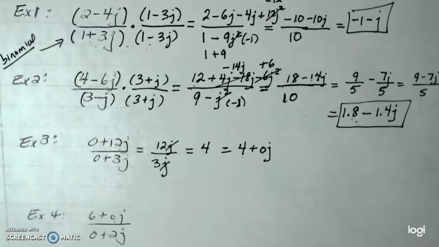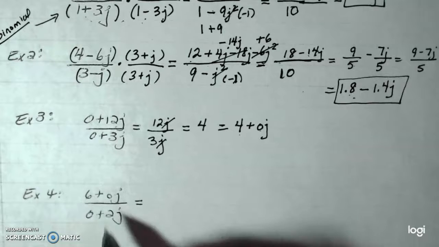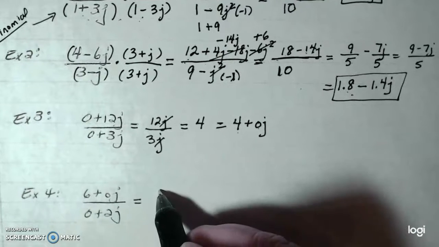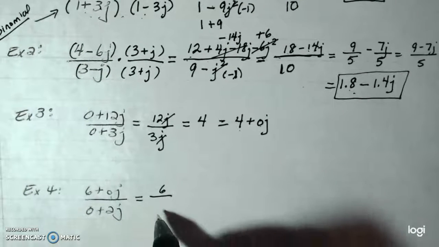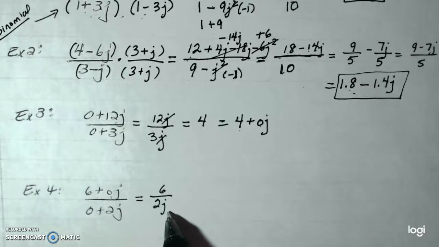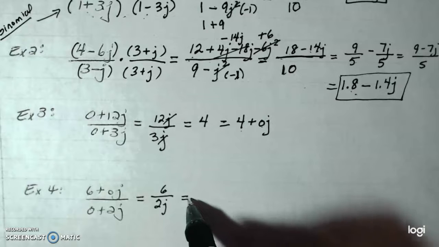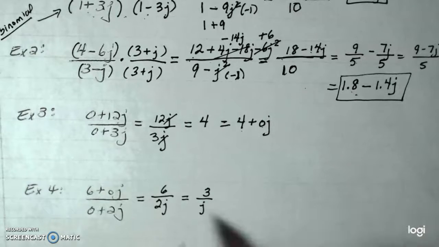Finally, one more example here. 6 plus 0j does simplify to be just 6. And in the downstairs, you have the simplified expression 2j. Now, yes, you can do 6 divided by 2 to yield 3, but you still have j in the denominator, and this is not considered fully simplified.